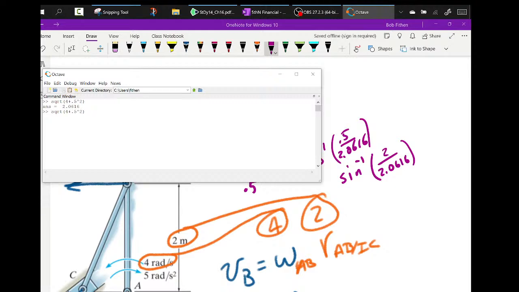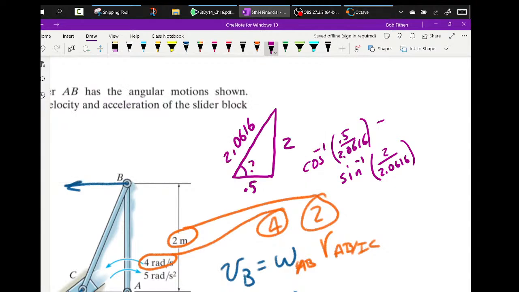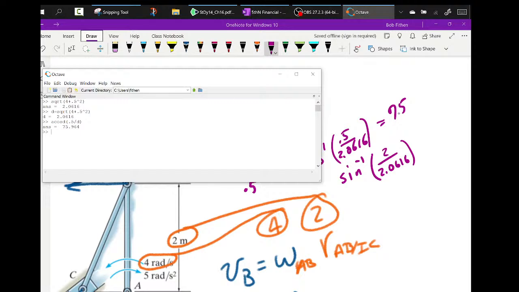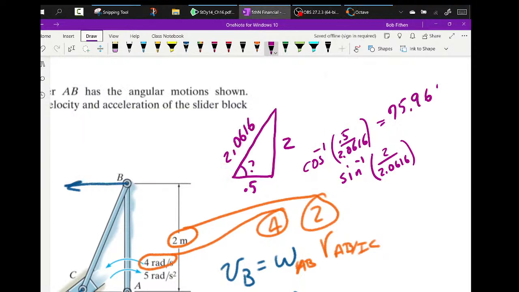No, just call it D for the distance, the hypotenuse there. I should have called it H, but that way I'll have all the digits. So this tells me 75.964. It looks reasonable.